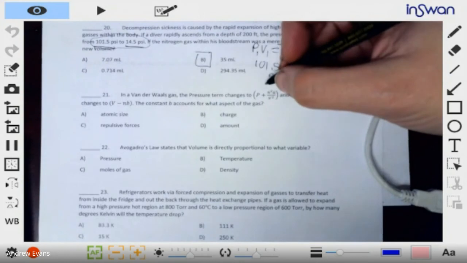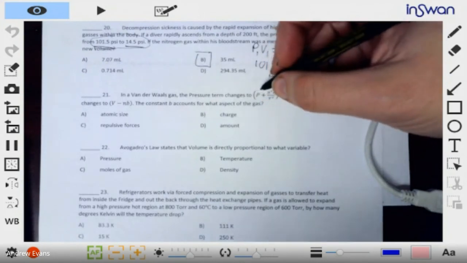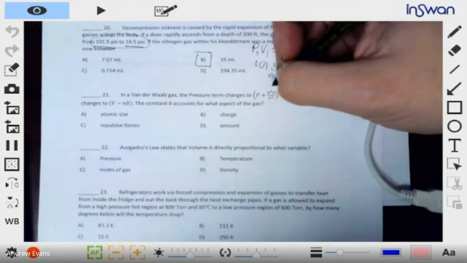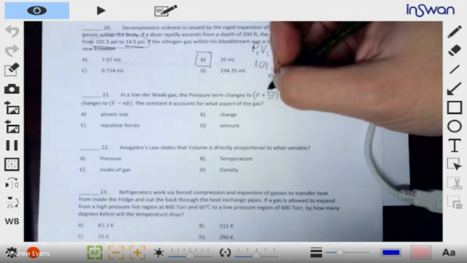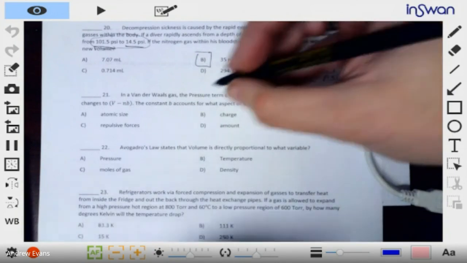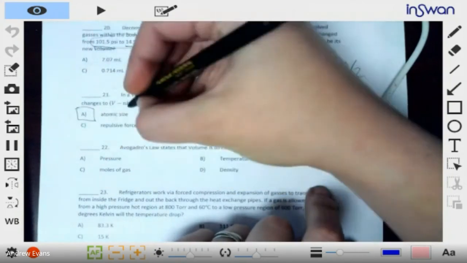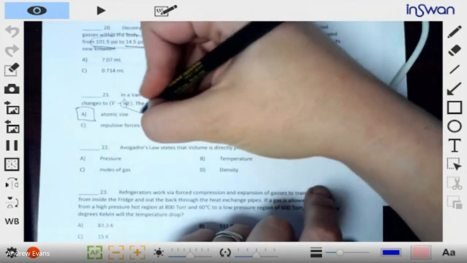Okay. In a van der Waals gas, the pressure term changes to P plus n squared a over V squared, and the volume term changes to V minus nb. Constant b accounts for what aspect? b is our atomic size. n is our amount.